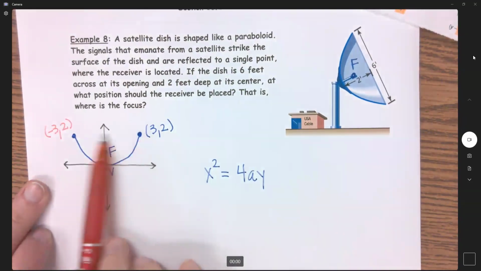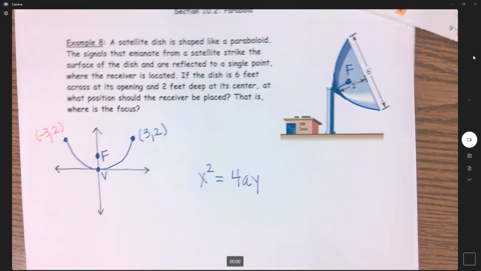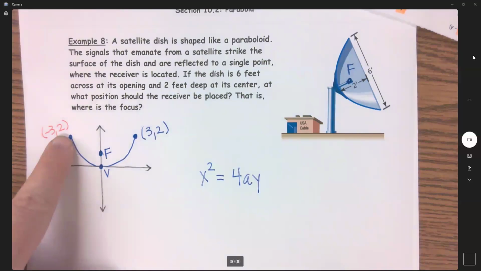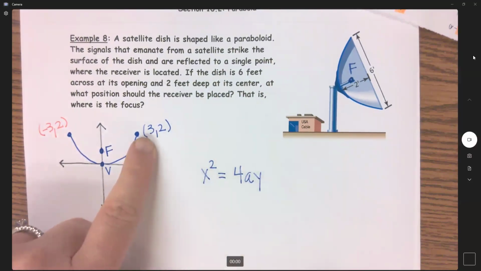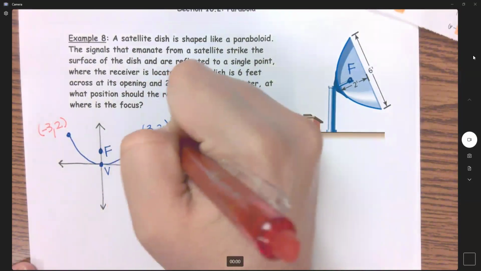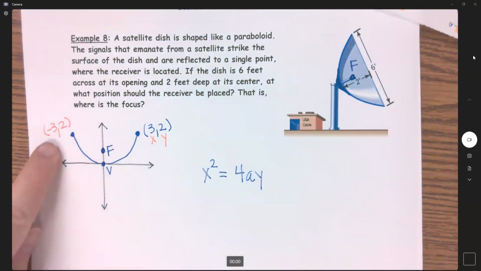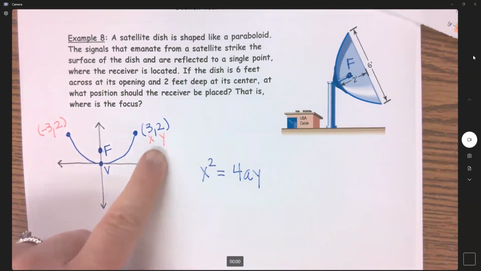So now that total length right there is 6. So if I know one point on this parabola, I can plug that in and solve for what I need. So ordered pairs are always in the form of x comma y. So here is my x and here is my y. And you can also use -3, 2 and you get the same answer, but I'm going to use all positives.